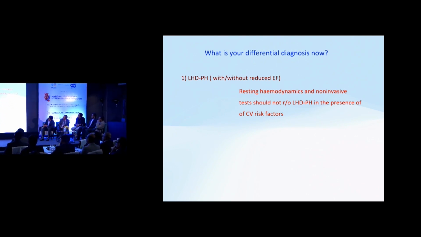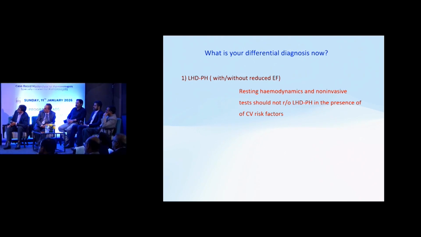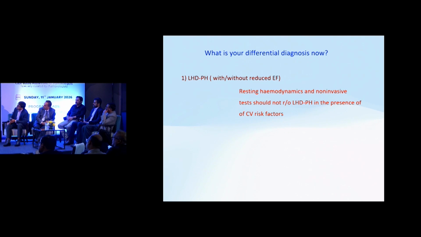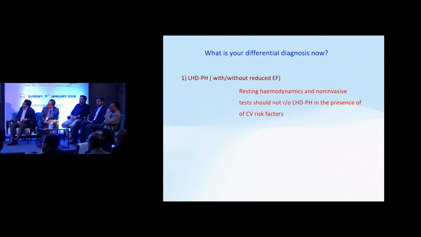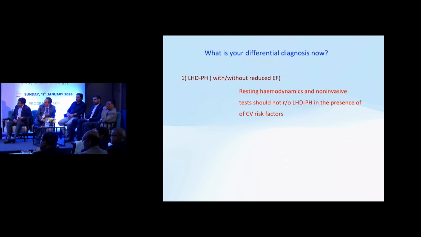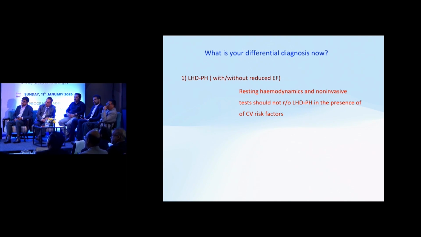Resting hemodynamics on right heart catheterization, a non-invasive test should not rule out LSD-PH in the presence of cardiovascular risk factors. I absolutely agree with this statement, but I think it's not in the right context here. In this case, with this echocardiogram, the probability of left heart disease related PH is extremely low.